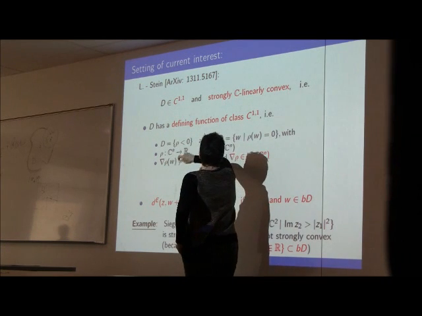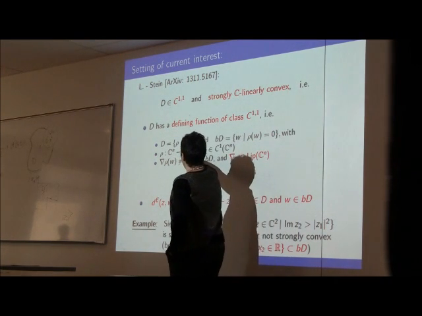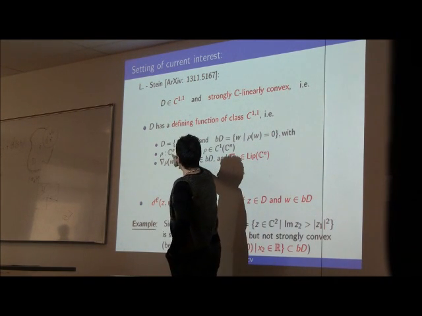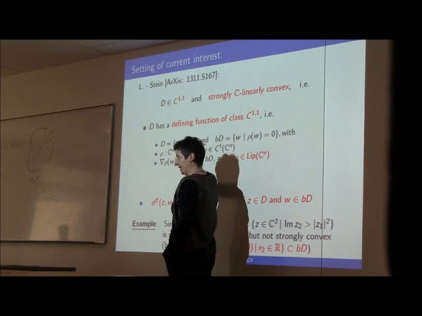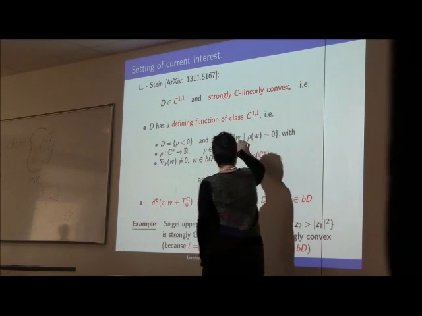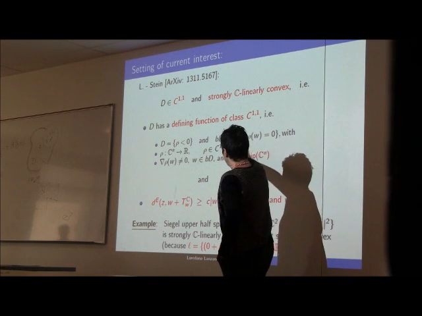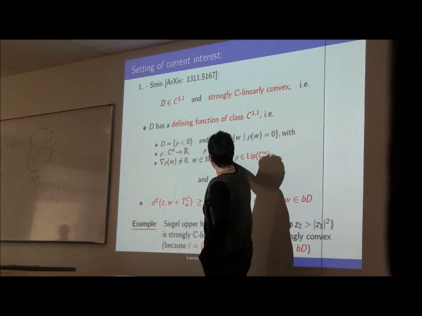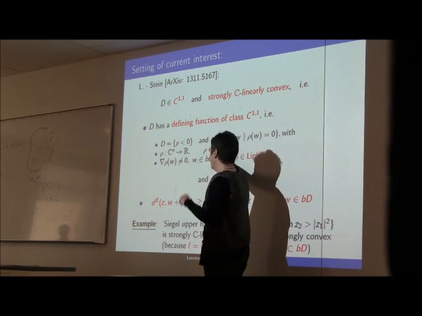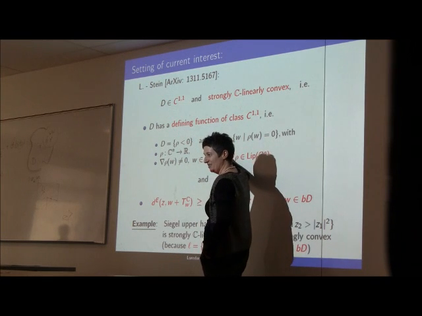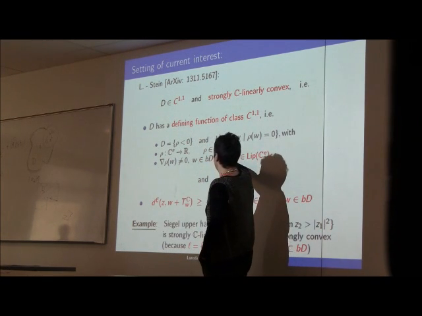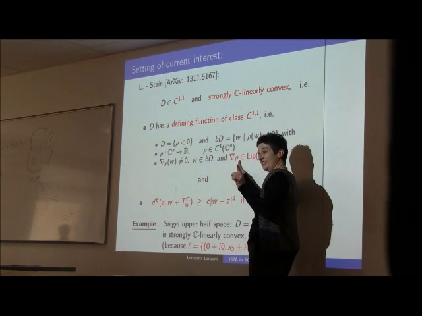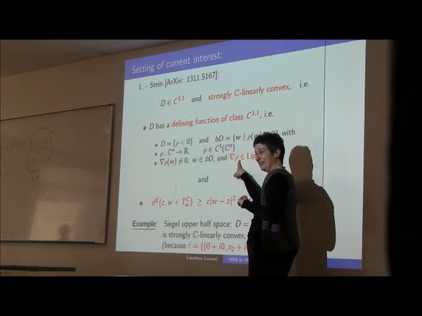C^{1,1} means the following. You can describe your domain as the set of negativity for a function defined in entire space. Boundary is the set of points where the function vanishes. And the assumption on this function is that its gradient is continuously differentiable. The function is continuously differentiable. And in fact, it's a little better than that. The gradient is Lipschitz, better than continuous.